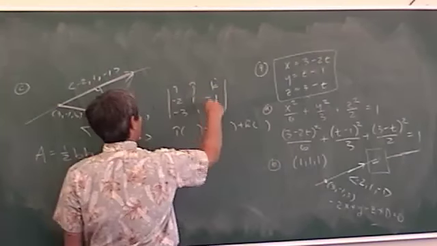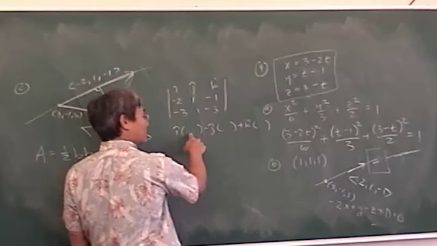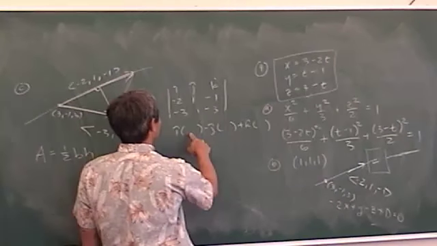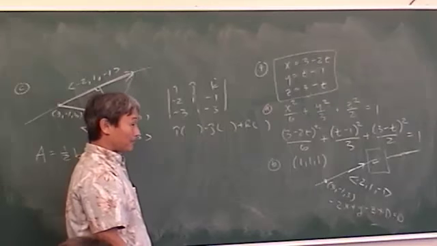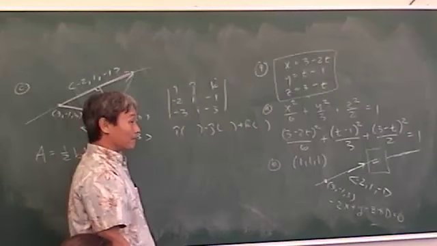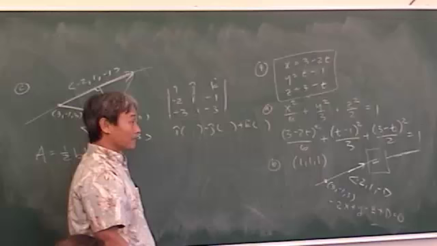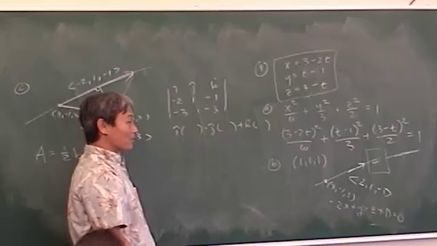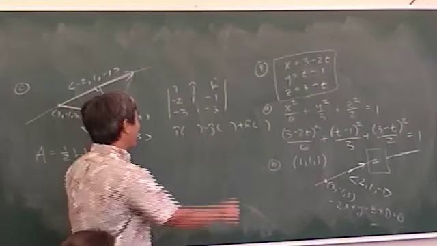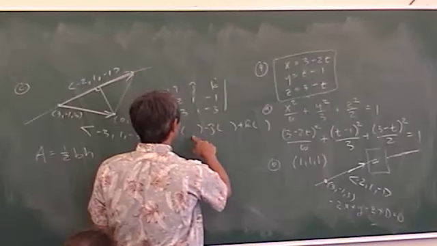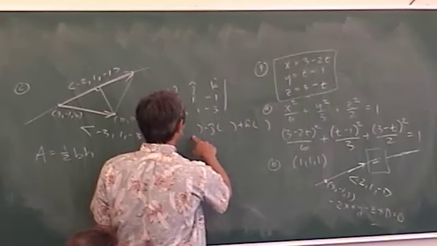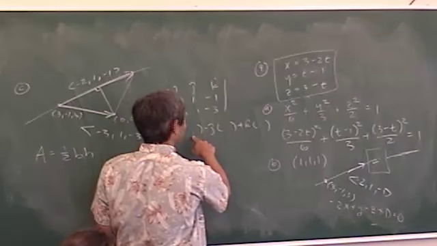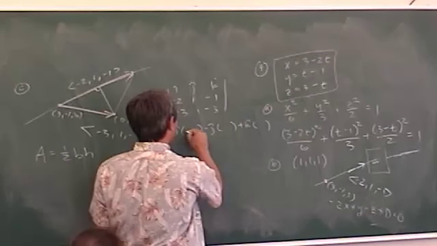Okay, if you cross out the right column, what goes in here? -2.